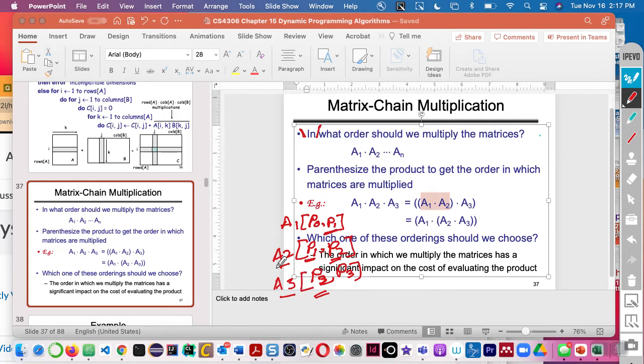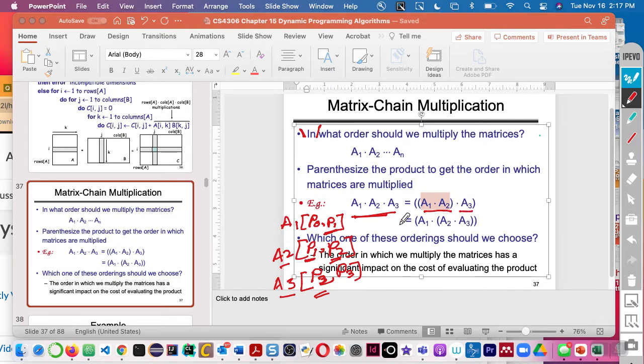Okay, the chain matrix problem is that, for instance, if I have a set of matrices, A1, A2 and A3, we can multiply A1 and A2 first, and the result can be multiplied with A3, right?